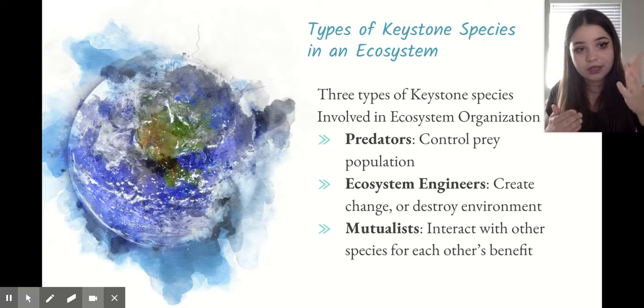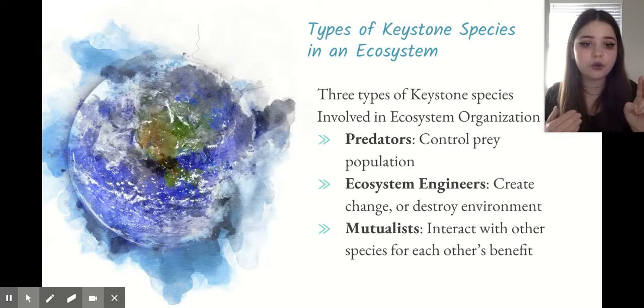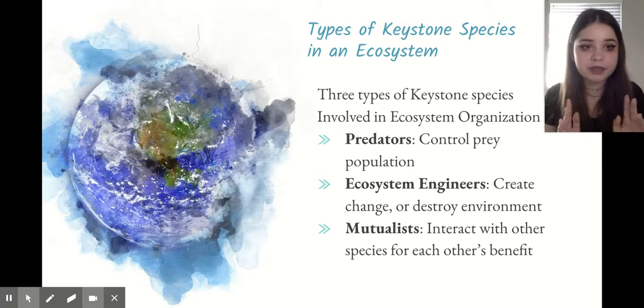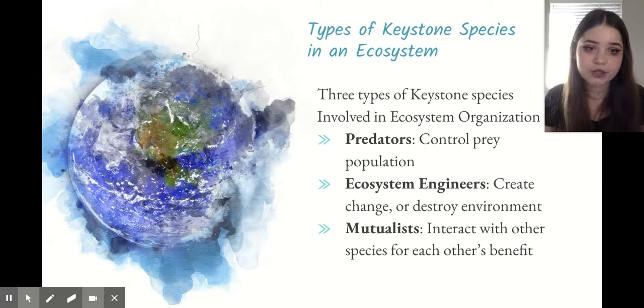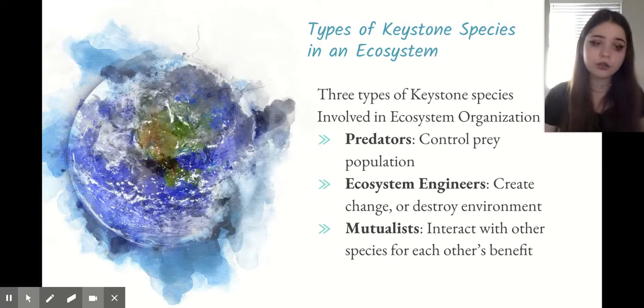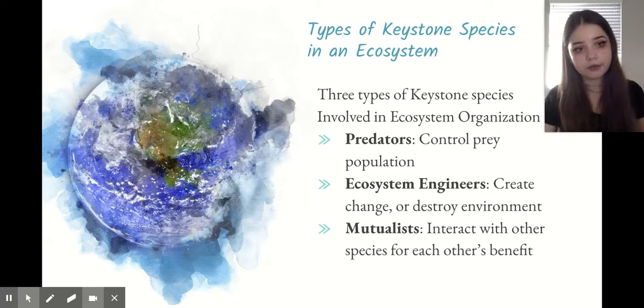Now we have ecosystem engineers, and these create change or they can destroy the environment, right? Ecosystem engineers are basically building or constructing the environment. Then we have mutualists, which interact with other species for each other's benefit. They engage in symbiosis, and they're the reason why some species live, because of those beneficial interactions.